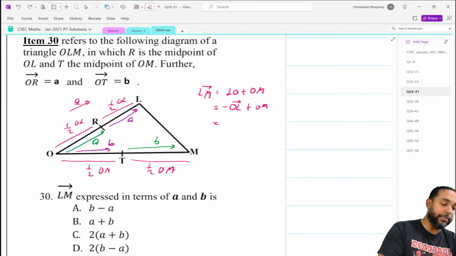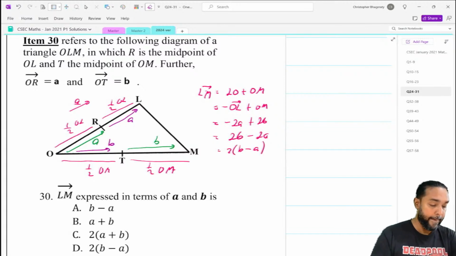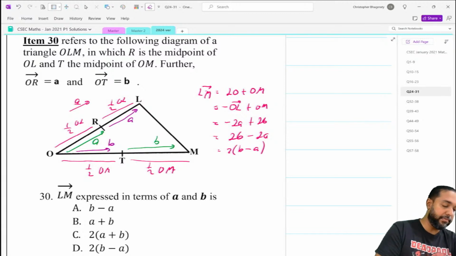LO is in the opposite direction of OL, so that's going to be -2A, and OM is just 2B. You could rearrange that if need be, which is option D.